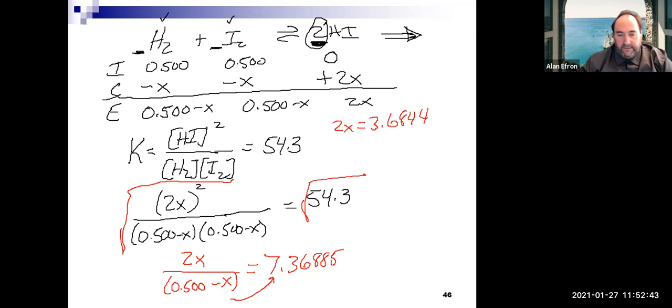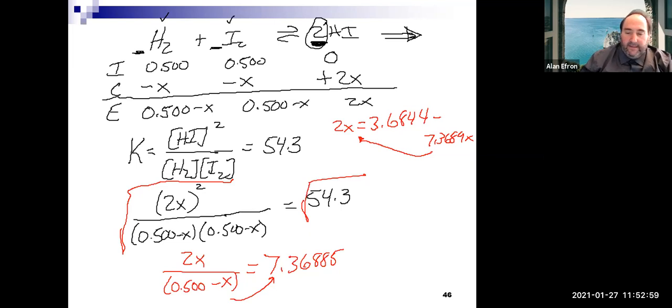3.6844, just taking a couple digits, minus 7.3689x. We're going to bring our x value to the other side by adding it back that way.